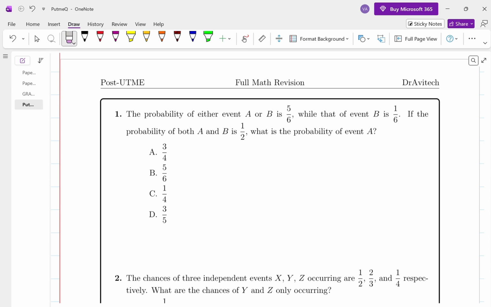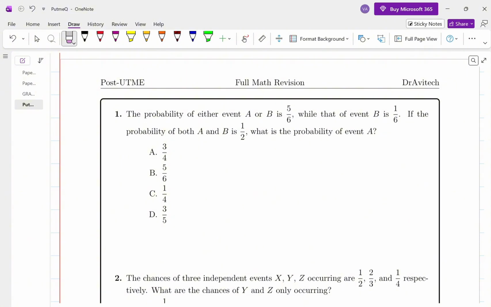There's this misconception that students have. They feel that they can't use JAMB past questions or WAEC past questions for Post-UTME. Yes, Post-UTME could give more difficult questions, but the base is this: maths remains maths.